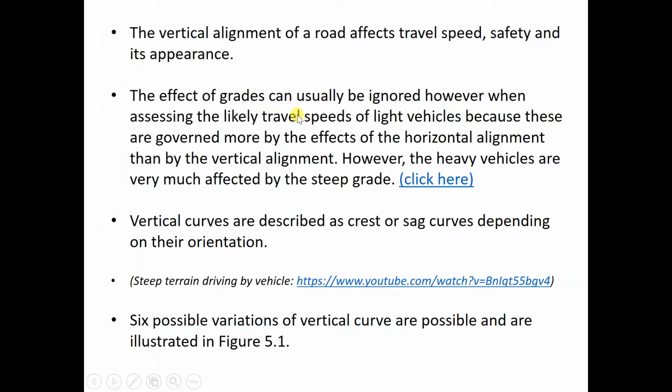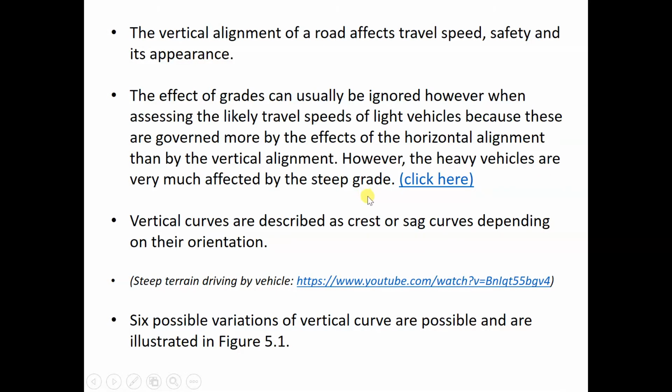The effects of grades can usually be ignored, however, when assessing the likely travel speed of light vehicles, because these are governed more by the effects of the horizontal alignment than by vertical alignment. However, the heavy vehicles are very much affected by the steep grade.